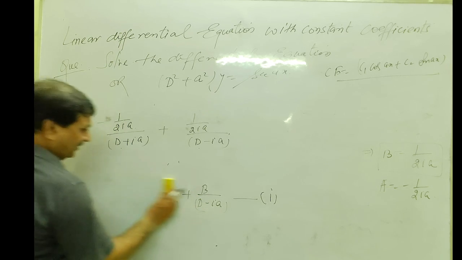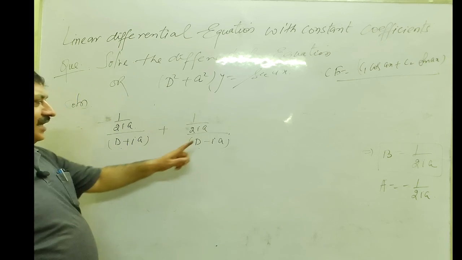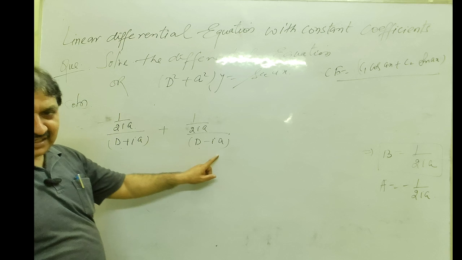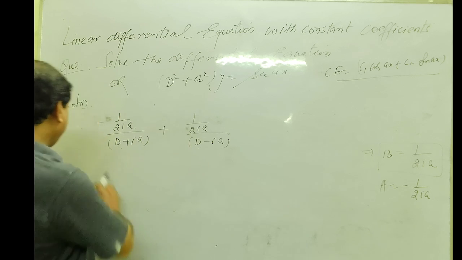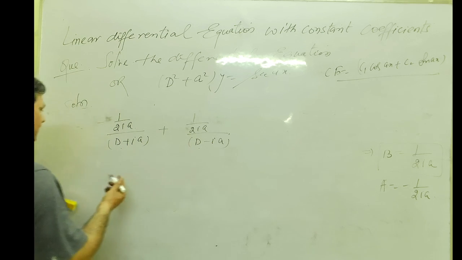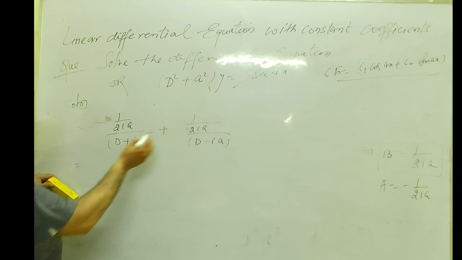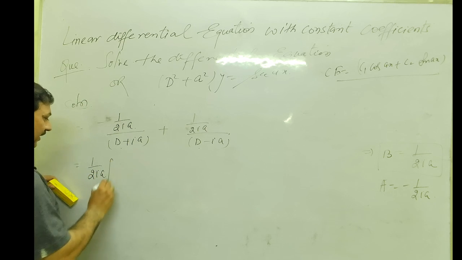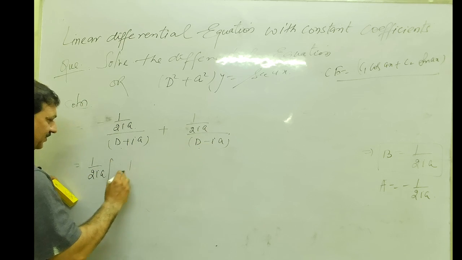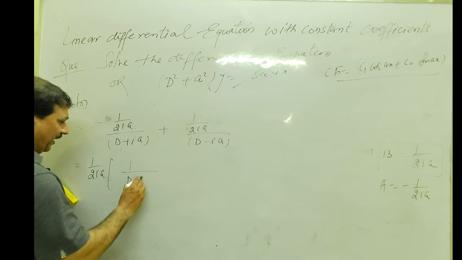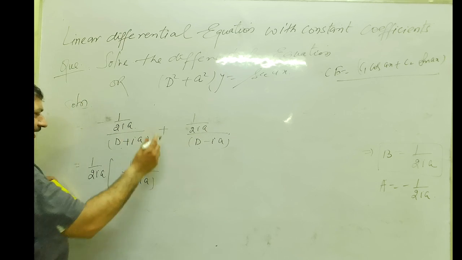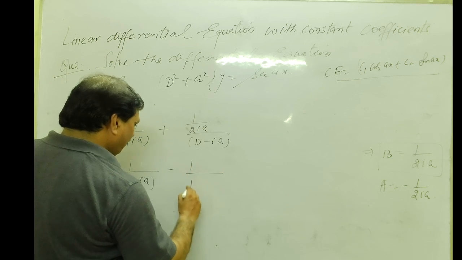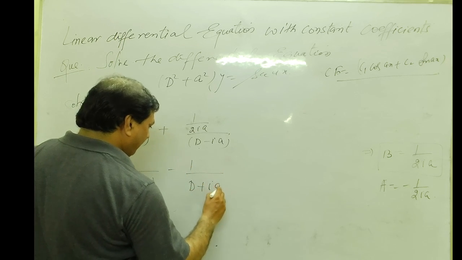This is the next step. Write down the first term as positive and the next term as negative. Already discussed, the value 1 upon twice ia is taken common. Write the first term positive 1 upon D minus ia, and the negative term 1 upon D plus ia.